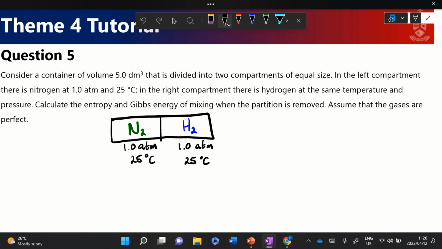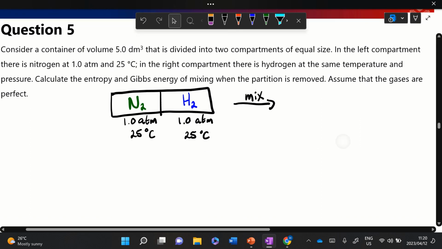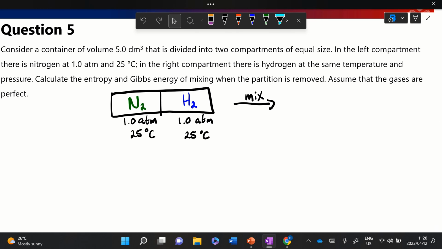So in other words, there's no distinction there. And then the partition is removed. So in other words, they're allowed to mix. So then they mix. And they're both perfect. So it's a simple application of the mixing of perfect gases at the same temperature and pressure. So it's something that we've already encountered before.